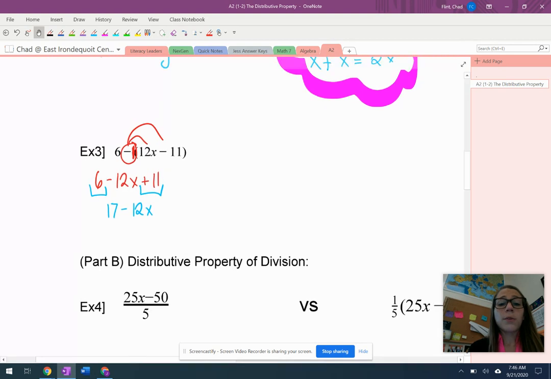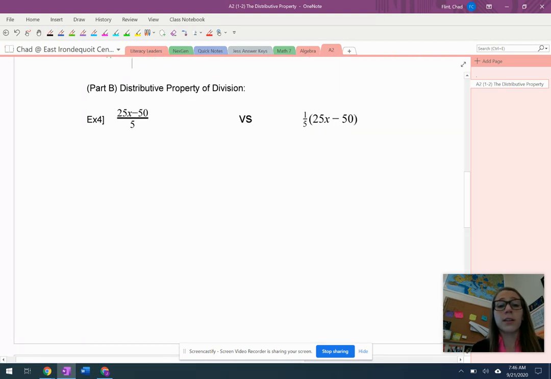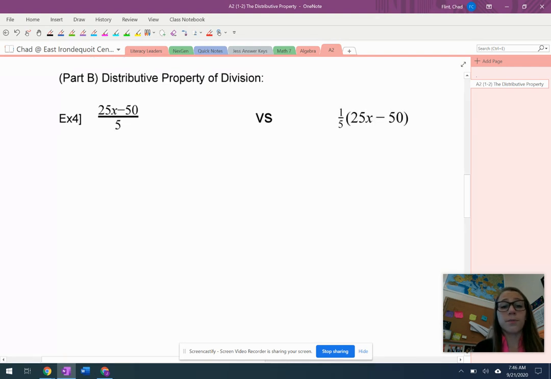So now that was looking at multiplication and distribution. This next part here, we're going to take a look at distribution and division. So these two pieces right here look different, but we'll actually see what happens when we simplify them. So here, just like before when we were multiplying all pieces in the parentheses by that number outside, we're dividing all pieces underneath by 5.